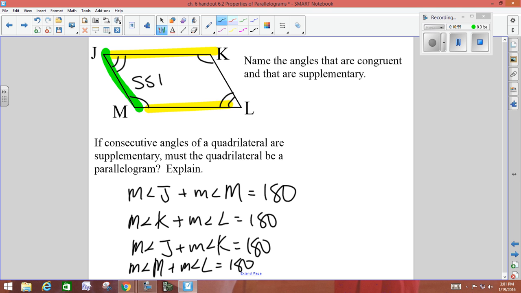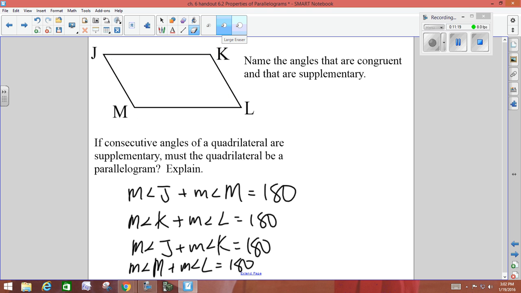What do you notice about these angle pairs? They're same side interior, but how else can we classify them? Consecutive. Good. Right below where I wrote all those equations, it says if consecutive angles of a quad are supplementary, must it be a parallelogram? This is just a quad.